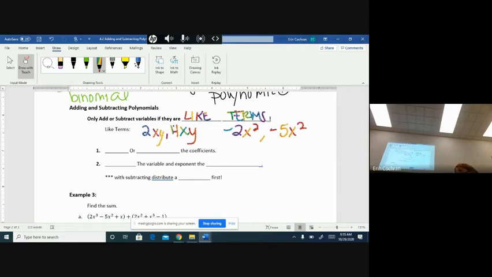Yes, they are, same variable, same exponent. Now, if I had 2x squared y and 5xy squared, are those like terms? No, because the exponents are different with the x's and the y's. And then again, we add or subtract the coefficients. And what do we do with the variables and the exponents?